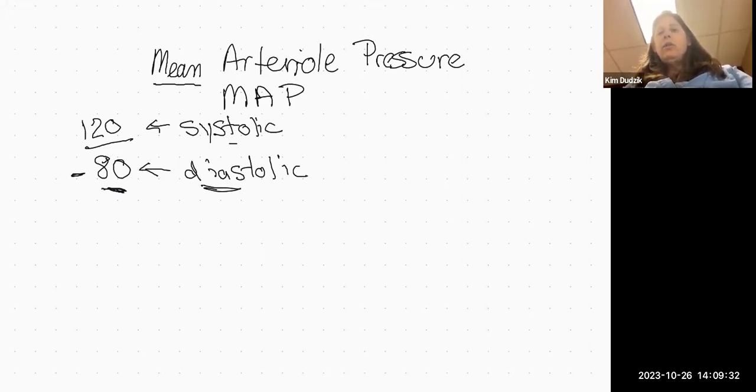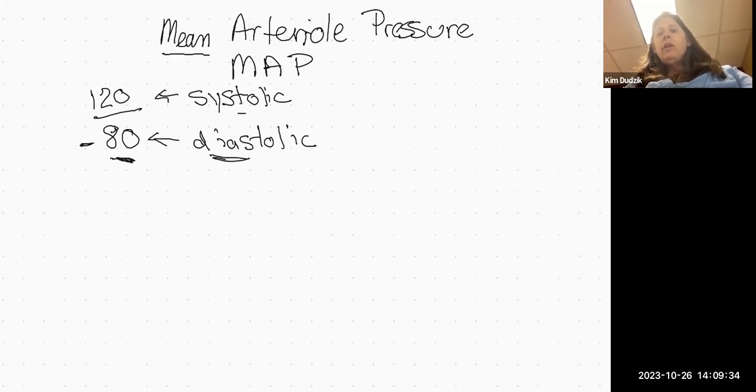I take 2 times the diastolic pressure, put some parentheses around there, because once I get that number, then I add the systolic pressure and I divide it by 3, right? Because when you get an average, you're dividing by the number of values you have.